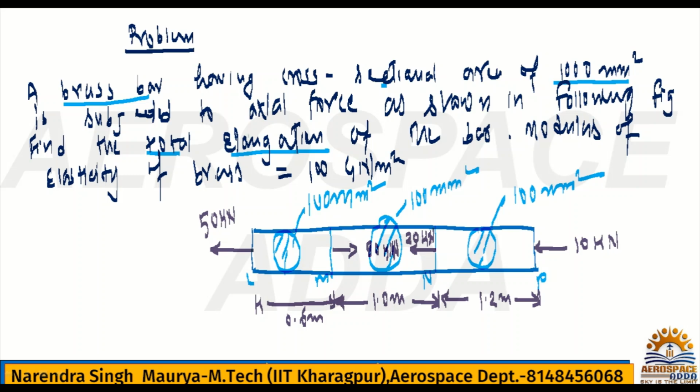They said it is subjected to axial force. Axial force is given, but axial force can be of two types: compressive or tensile. There is no tangential force, only axial force. But in axial force you have to find which one is compressive and which one is tensile.